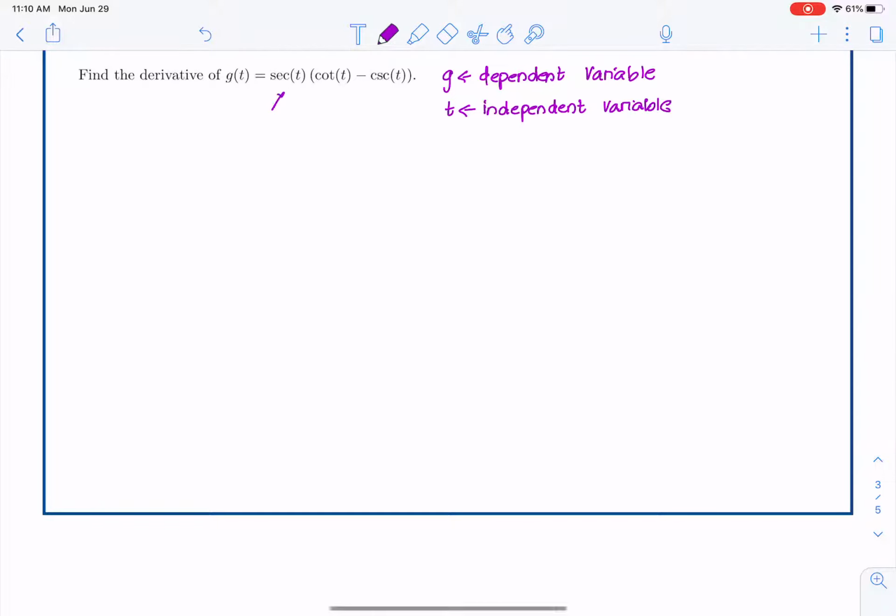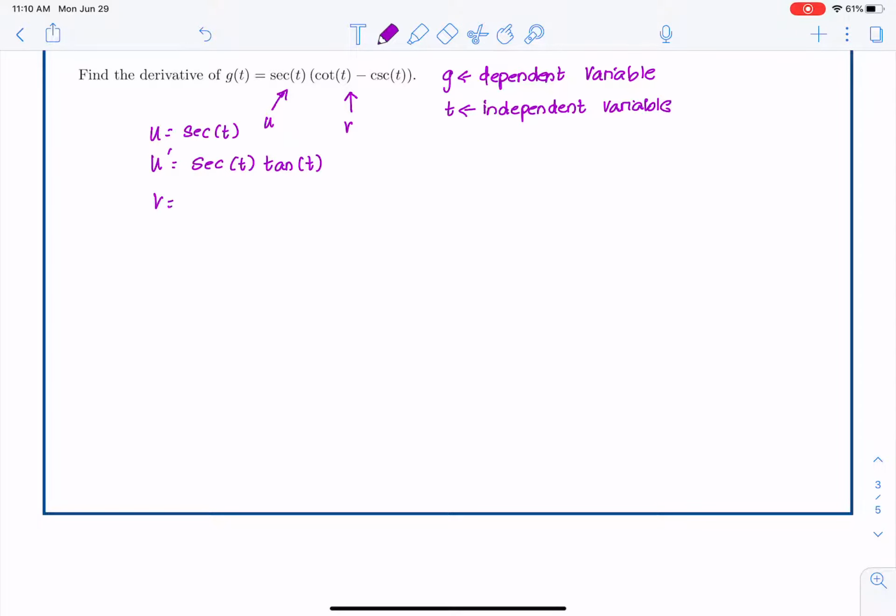So u is secant t and v is cotangent t minus cosecant t. So u prime, the derivative of secant t, is secant t times tangent t, which is what we derived.